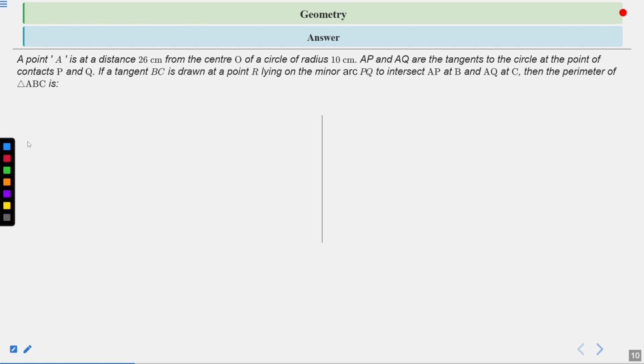The correct answer of this question is the third one, which is 48 centimeters.